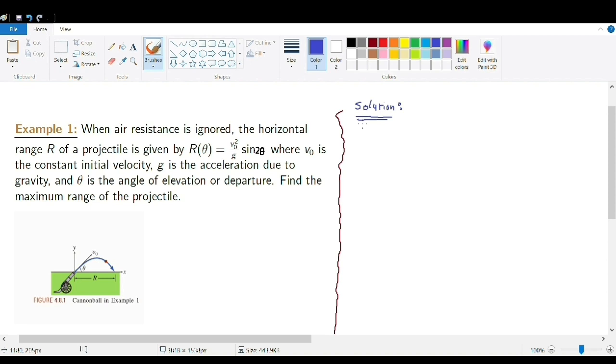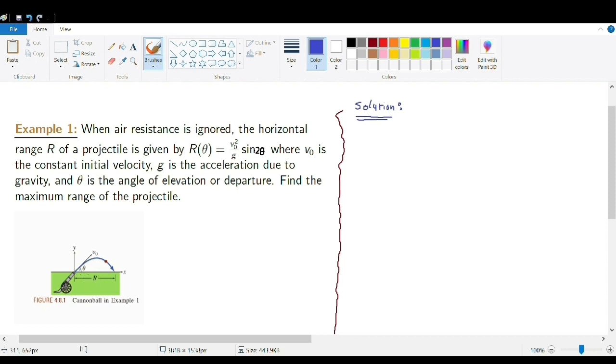Find the maximum range of the projectile. And here we have a picture for this question. So we have the range of the projectile, given by R of theta equal to v0 squared over g sine 2 theta, and we are asked to find the maximum range of the projectile. So we need to find what is the maximum R.